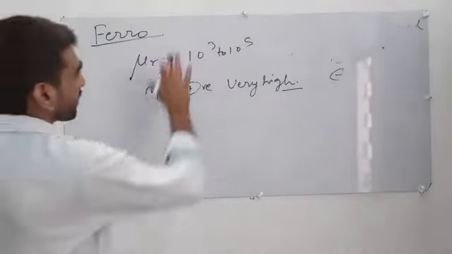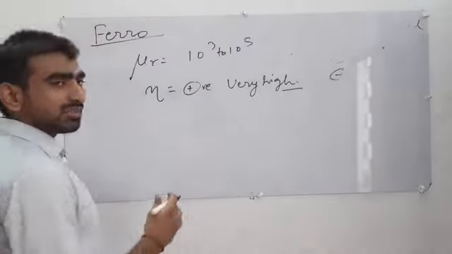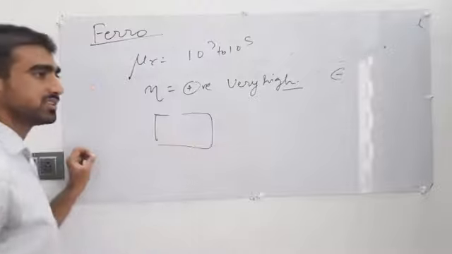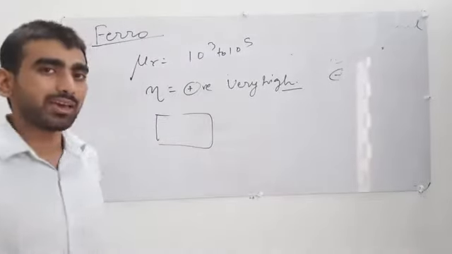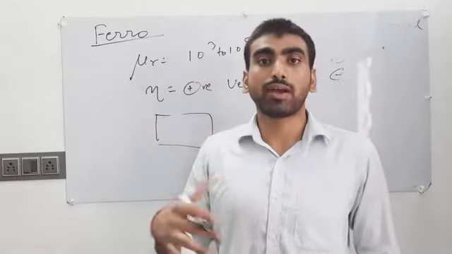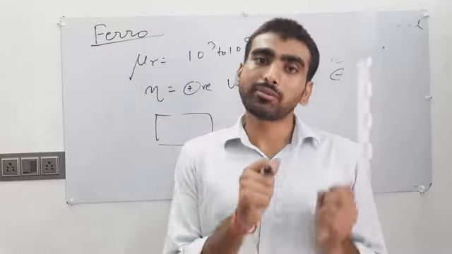One main thing in ferromagnetic material is that specific domains are found in it. Domains are regions containing a large number of atoms having a net magnetic field.